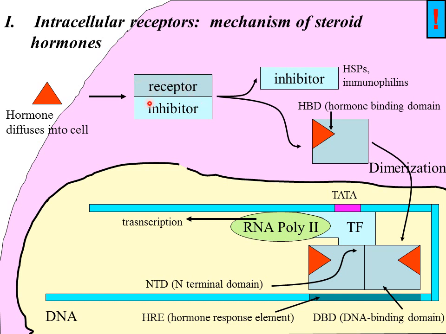It is bound to an inhibitor, which can be a heat shock protein or an immunophilin, and when the hormone diffuses into the cell, binds to the receptor, then the receptor changes conformation after binding the hormone with its hormone binding domain, releases the inhibitor, can diffuse, get through the nuclear pore, get into the nucleus, where in dimer form it binds to DNA.